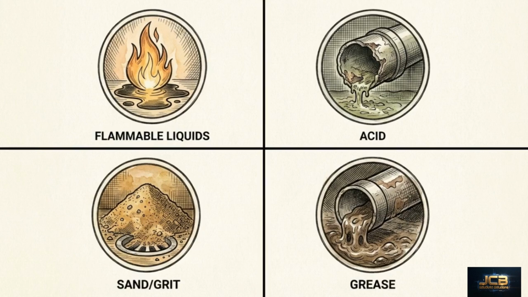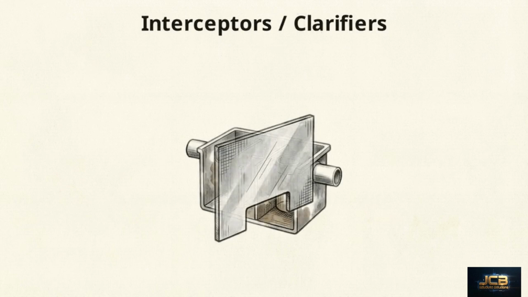Standard traps fail when a building's wastewater introduces flammable liquids, highly acidic waste, heavy sand, or massive volumes of commercial grease. In these high-hazard scenarios, the code mandates the installation of interceptors or clarifiers. These devices utilize specific gravity and calculated retention time to separate deleterious matter from normal sewage.